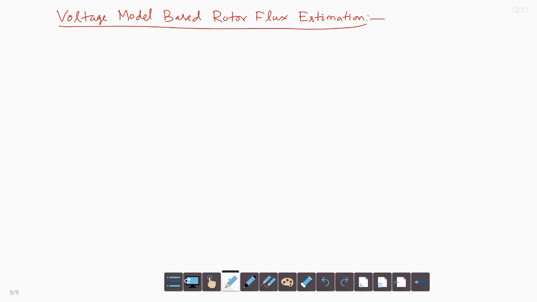In the voltage model, we use the stationary reference frame, which is the two phase frame or alpha beta frame.